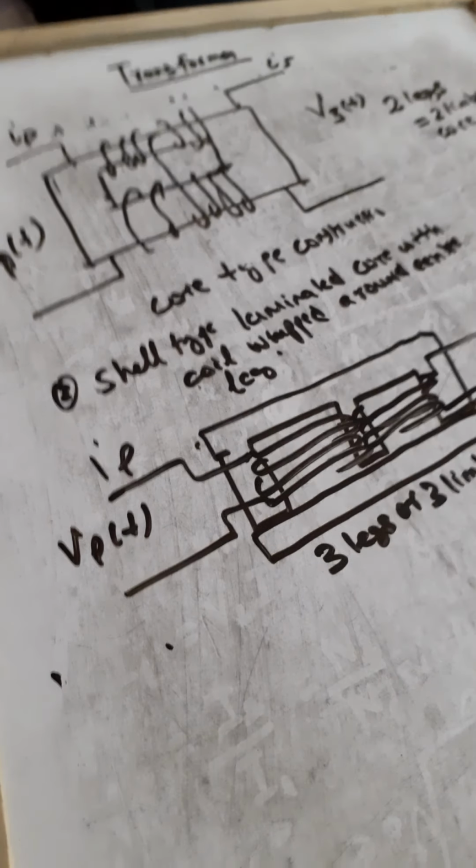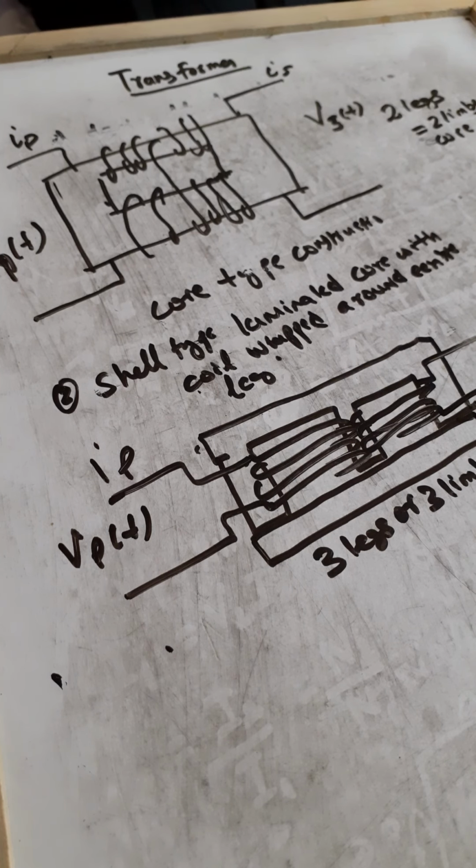The vertical portions of the core are usually called limbs or legs, and the top and bottom portions are called the yoke. So core type has a two legged core, and shell type has a three legged core.